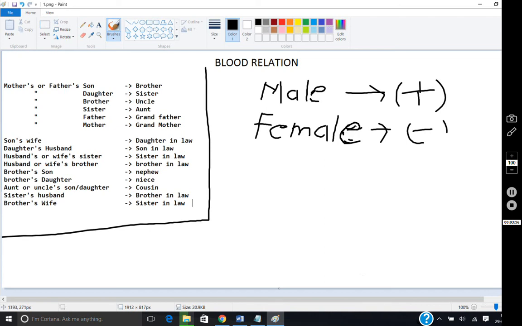If there is a couple, then you will denote it with a curved line, or you can also denote it with a double line.